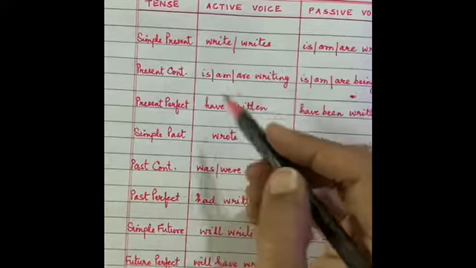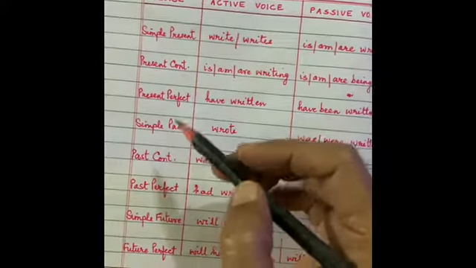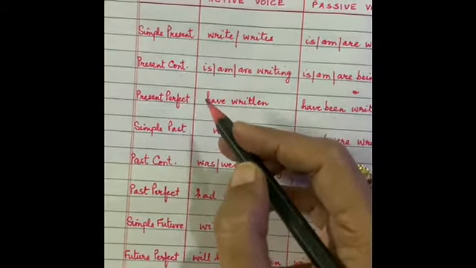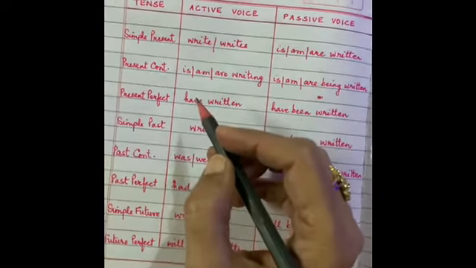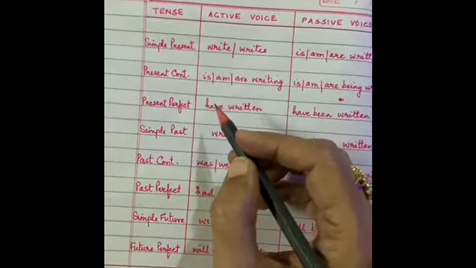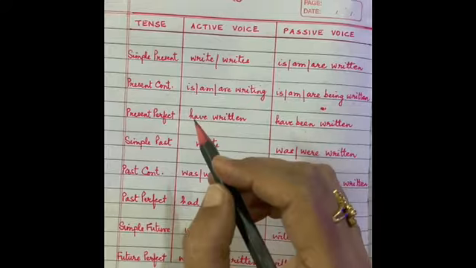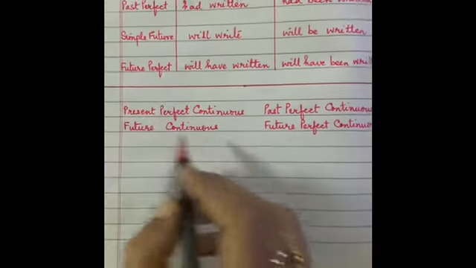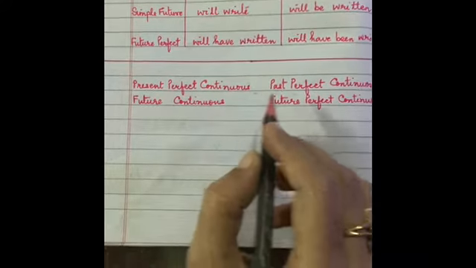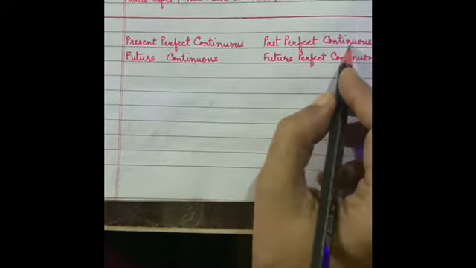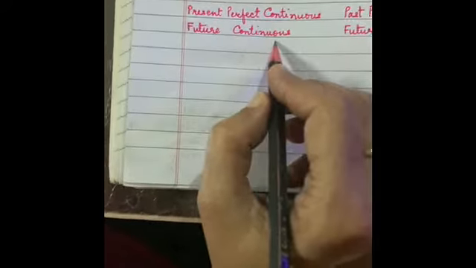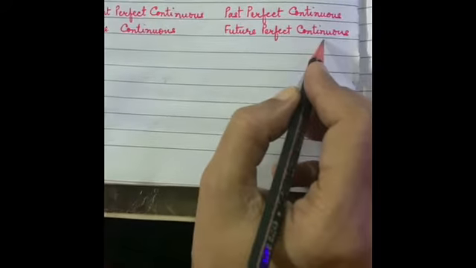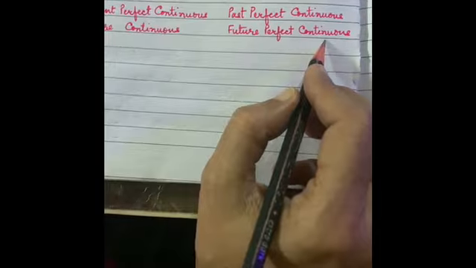So students, this is the 8 tenses chart that helps in understanding which helping verb to use. And you must have noticed that we have not used these 4 tenses: present perfect continuous tense, past perfect continuous tense, future continuous tense, and future perfect continuous tense.